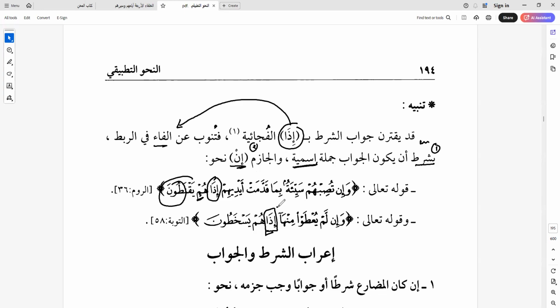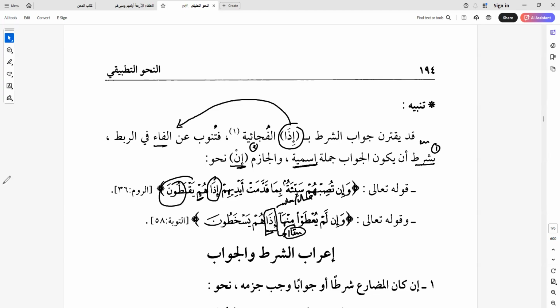So here the meaning is not when or where. So the meaning can be then, see, then. That would be more appropriate. But it's showing suddenness. But is it really suddenness? Then it's up for argument. Whether it's ظرف الزمان, ظرف المكان, أو حرف المفاجأة.